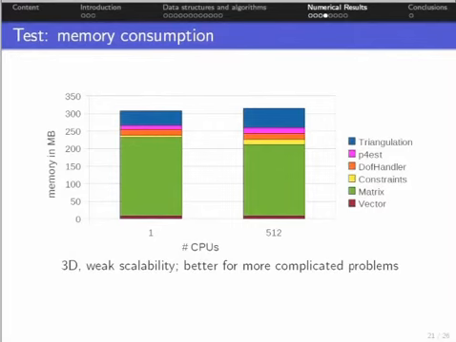And so the deal.II triangulation, so that's the mesh that is created on each processor only for its own part, is also increasing a bit. Again, it's a deeper hierarchy, so you have a few more artificial cells and so on. But it's, again, a factor of 500, and the increase is just a couple of percent. The big chunk is the linear system, so that's the system matrix, and this is like 2 or 3 vectors.